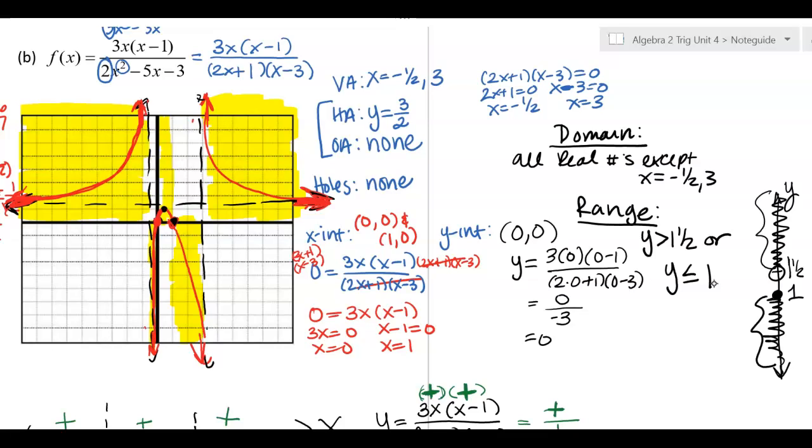So let's say this didn't exist and this looked more like the reciprocal functions, the ones with the 2 branches that we graphed before. If this had come up and got closer and closer to that asymptote without ever crossing it, then yes, it would be okay to say y does not equal 3/2, because that would literally be the only number that you're excluding. But here, there is more numbers between this and 3/2 than just 3/2. So that's why you can't say that.